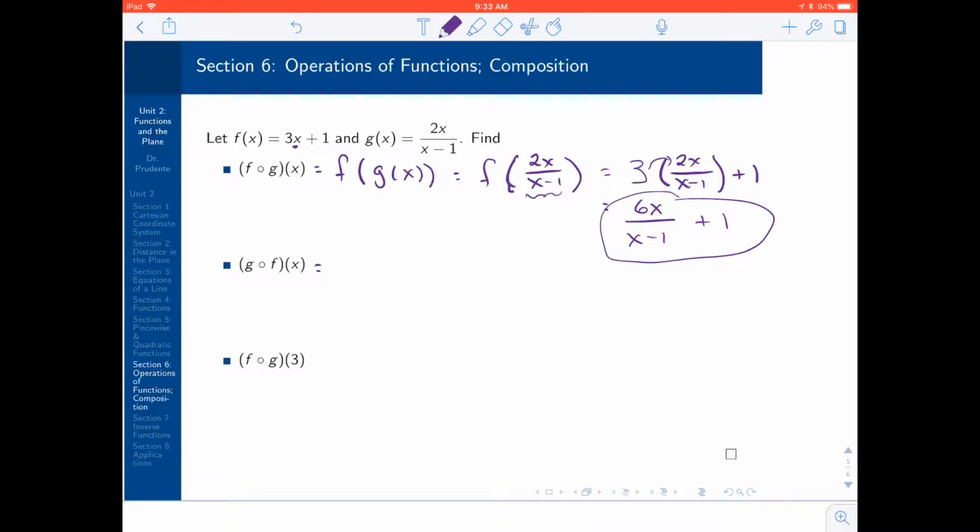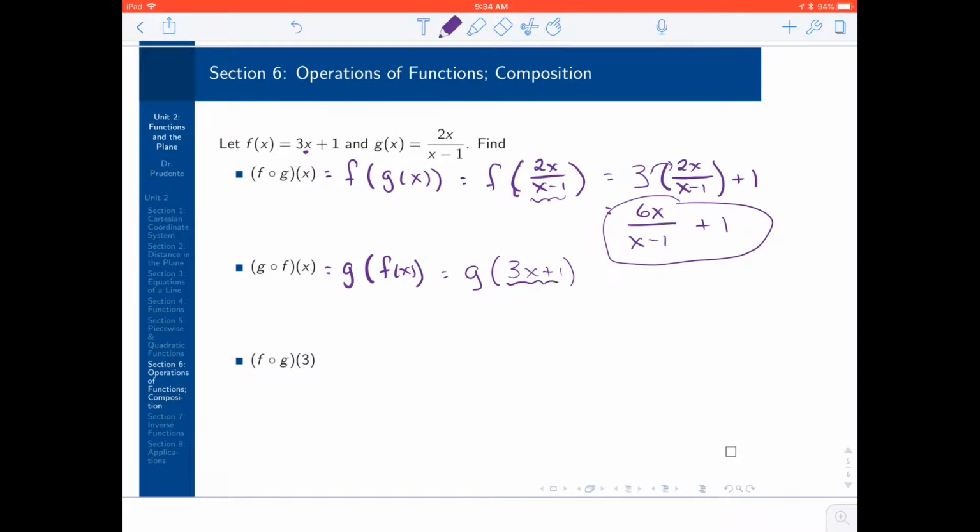If I take g of f of x, that is quite literally taking g and plugging in f of x to it. That'd be like taking g, and for every instance of x, I replace it with the value 3x plus 1.